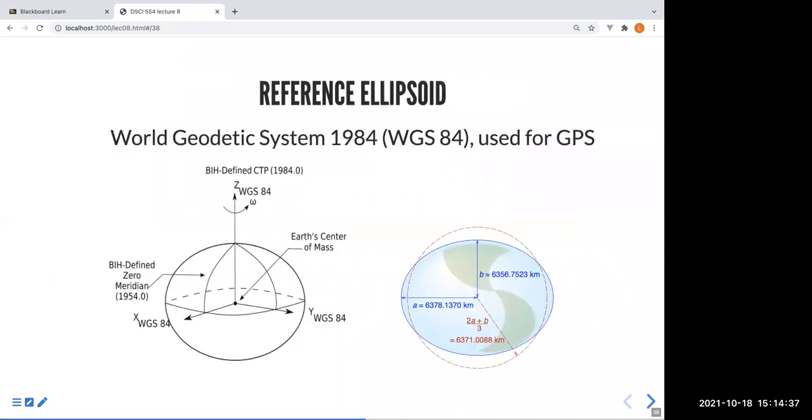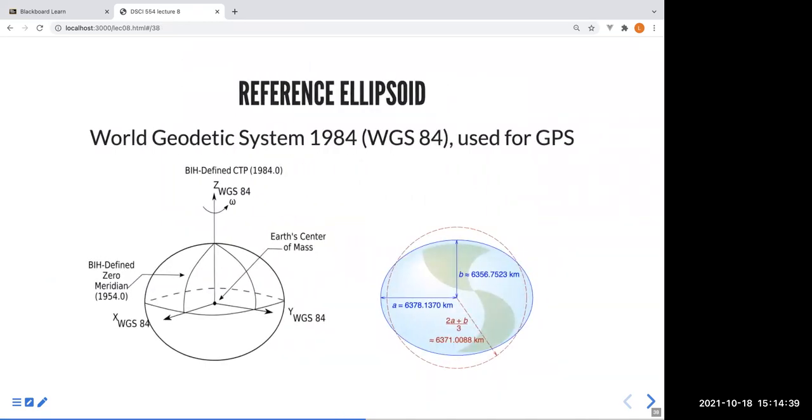Okay, so for the first step, where we're trying basically to model Earth, what people generally use is this geodesic system, that is a simplified version of Earth.